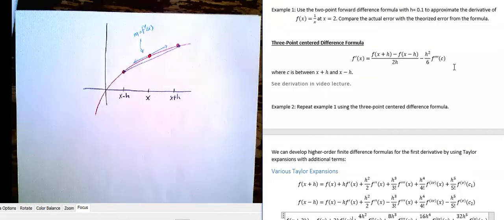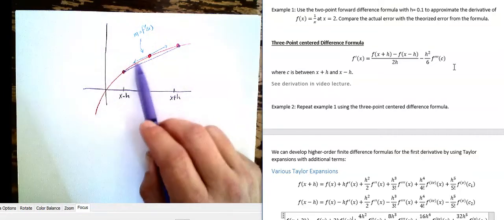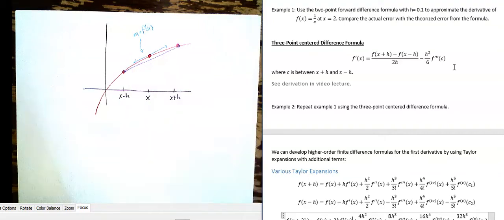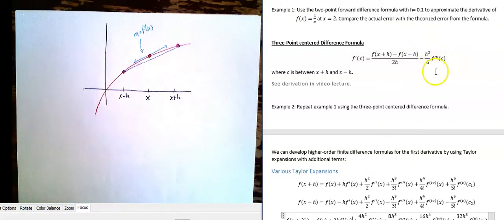So the center difference formula actually gives us better accuracy for the approximation. And you can see that here with the error term. If h is a very small number, when you square it, it gets even smaller. So that square gives us a second order method, which is a better approximation because it reduces the amount of error that we see. Okay?